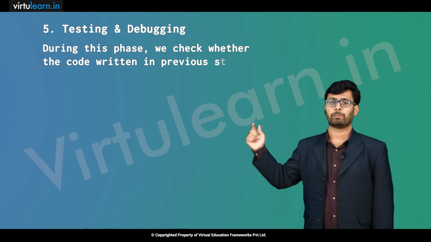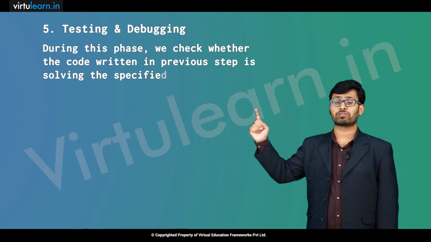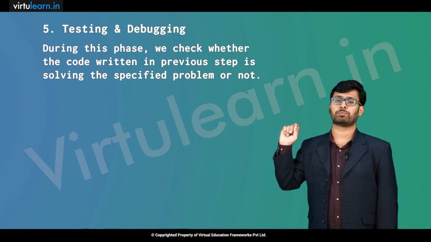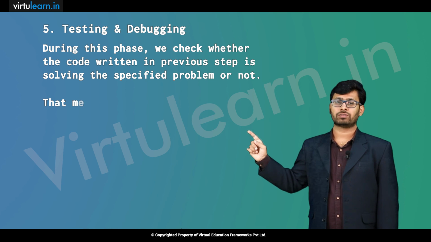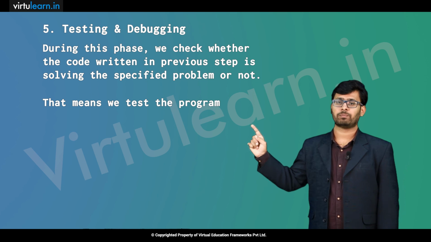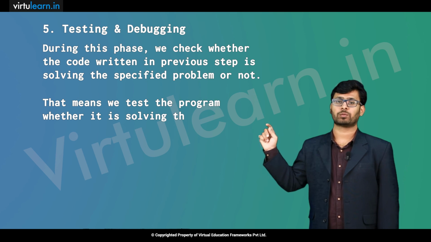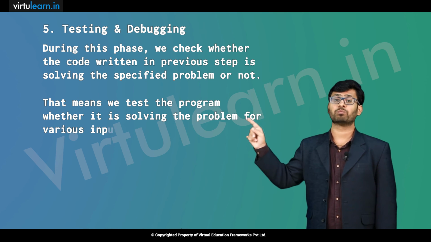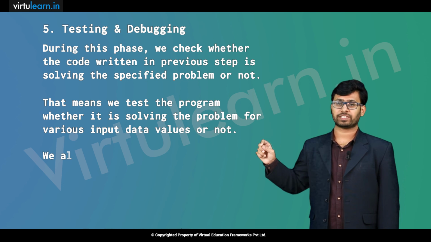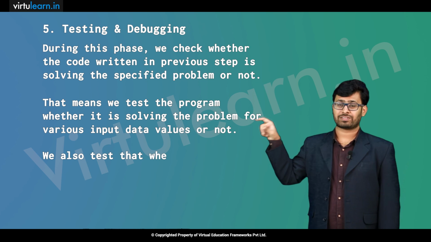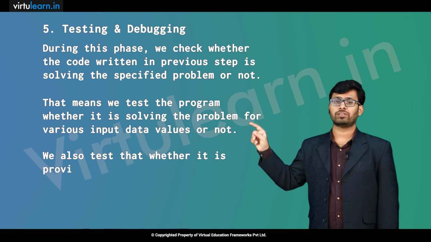That means the solution, the program, is used by the end user. If the user encounters any problem or wants any enhancements, then we need to repeat all the phases from the starting so that the encountered problem is solved or the enhancement is added.